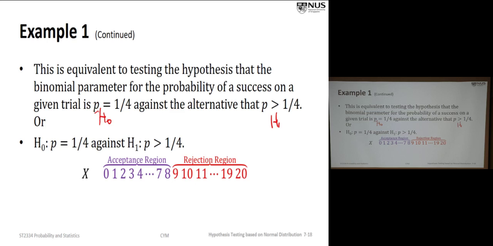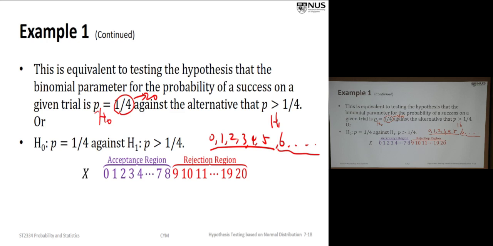You may think, why not choose 1/4, right? What is 1/4 of 20? 5, right? So why don't I accept when it's 0, 1, 2, 3, 4, 5, and if it's more than that, then I reject it? Is it good?